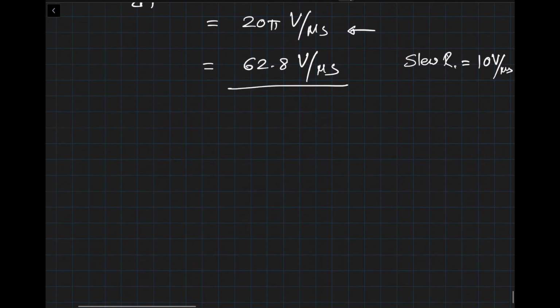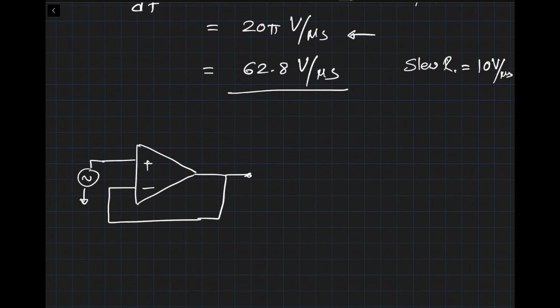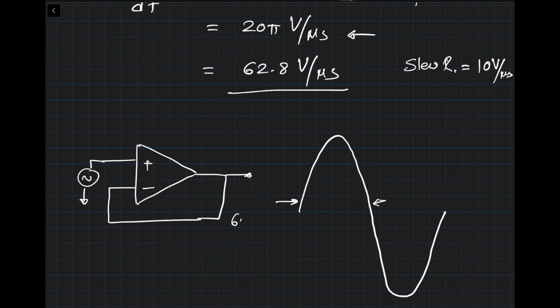If we use this op amp and we give this input signal, let's say we draw this again. The input voltage looks like this. The slope at these points is going to be 62.8 volts per microsecond.